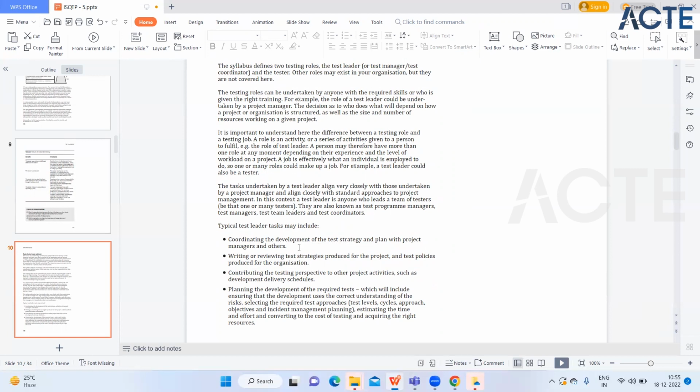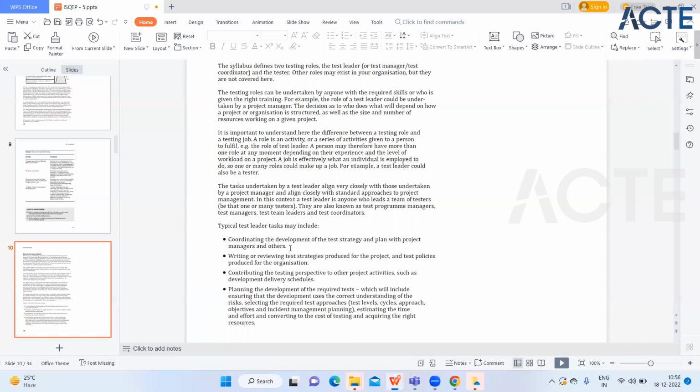So what are the particular tasks of the test leader, how they have to think. They just have to coordinate everything with the project managers as per their plan. Whatever they have prepared, they have to take the approval, and after that they proceed ahead.